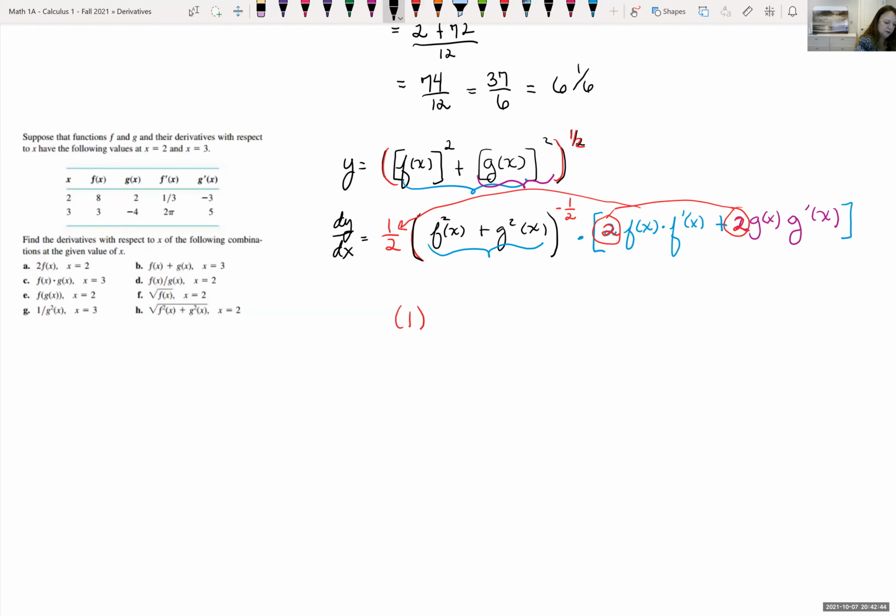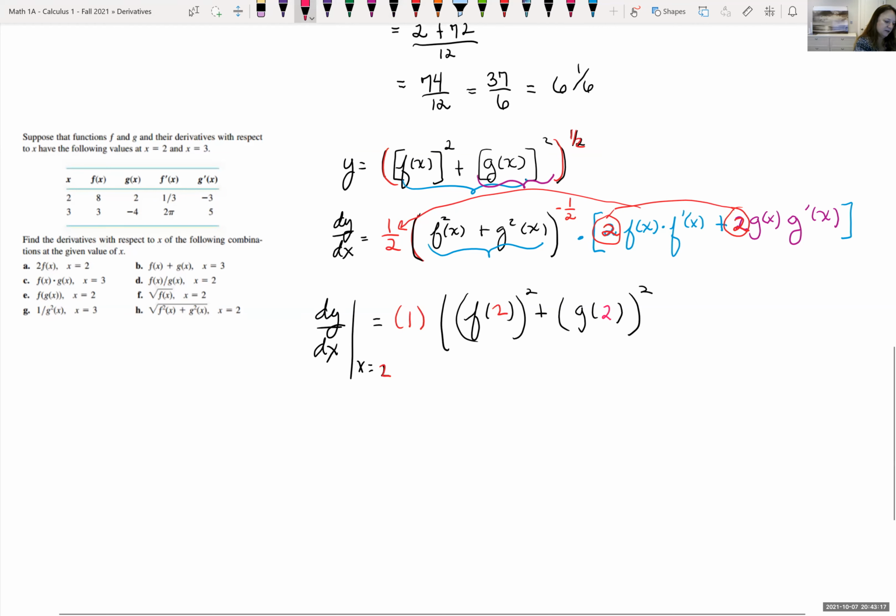We want to evaluate this. It told us when x is 2. So really, we're going to look at f of 2 quantity squared plus g of 2 quantity squared.